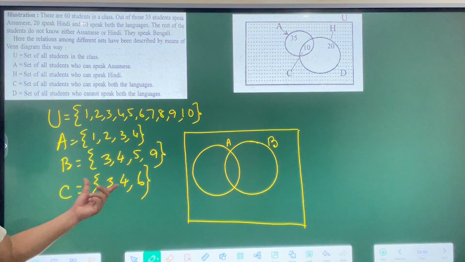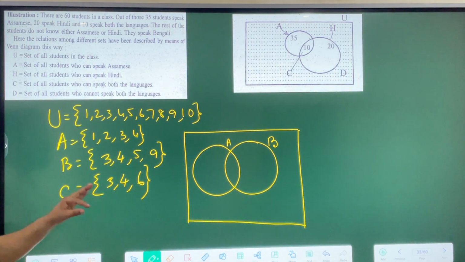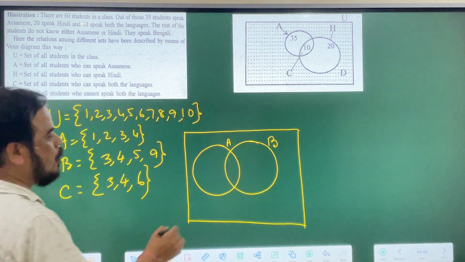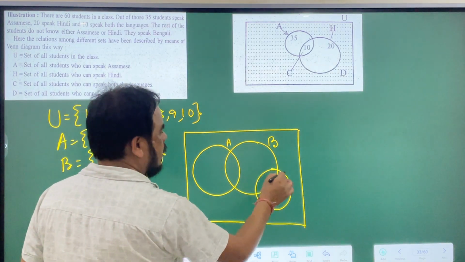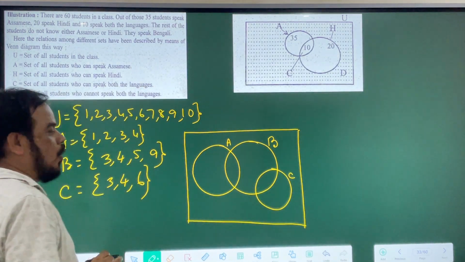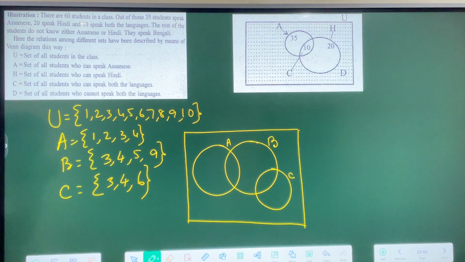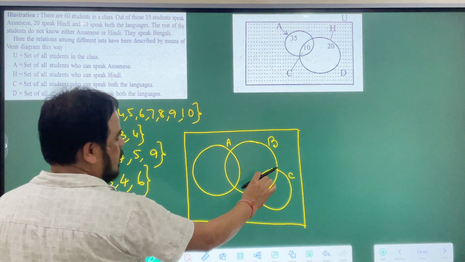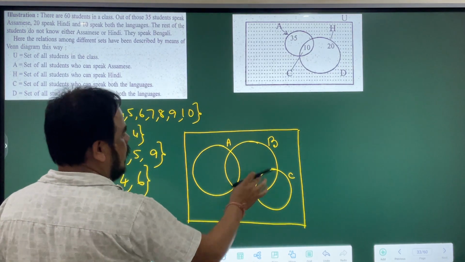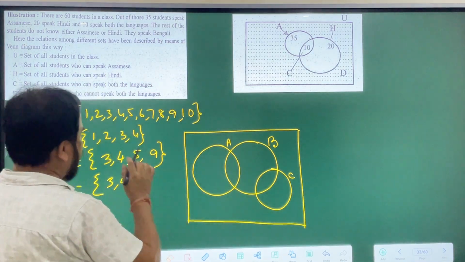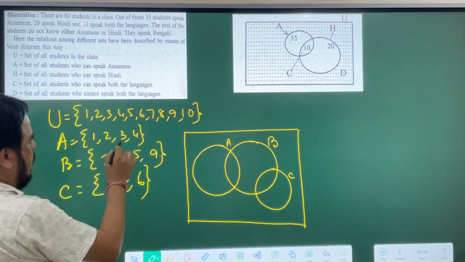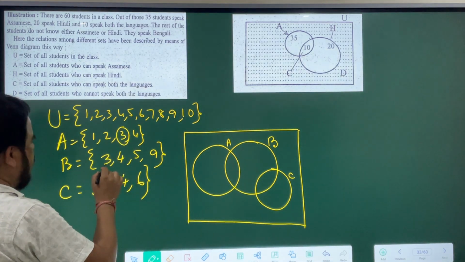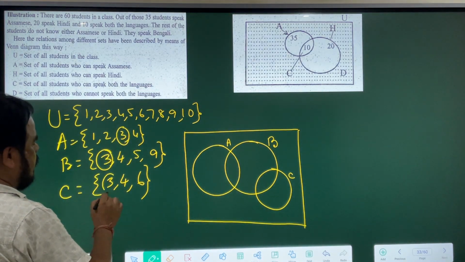Now, question of C. Now, how will you draw C? If we draw C like this, that will be wrong. Why it is wrong? Because this is the common space for B and C only, not for A. But we have seen in A 3, in B 3, C also 3.